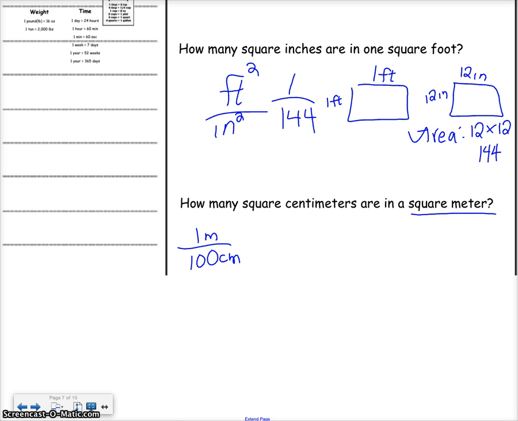So then I want to know if I have a square meter, that means 1 by 1. How many square centimeters am I going to have? Well, if that's a meter, then how many centimeters in a meter? 100 by 100, which would be 1 and 4 zeros.